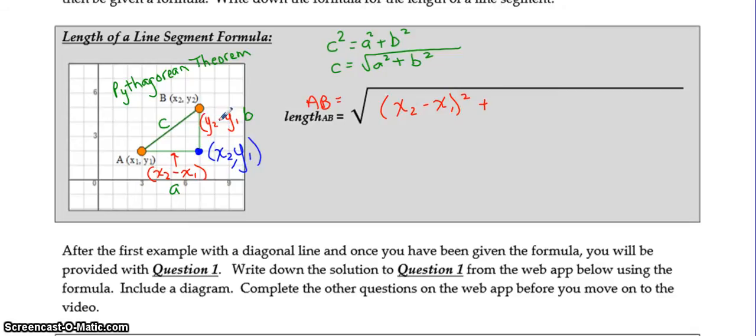B is y2 minus y1. So that's your formula. C is equal to the square root of a squared plus b squared. And that's your formula for how to find the length of a line segment.